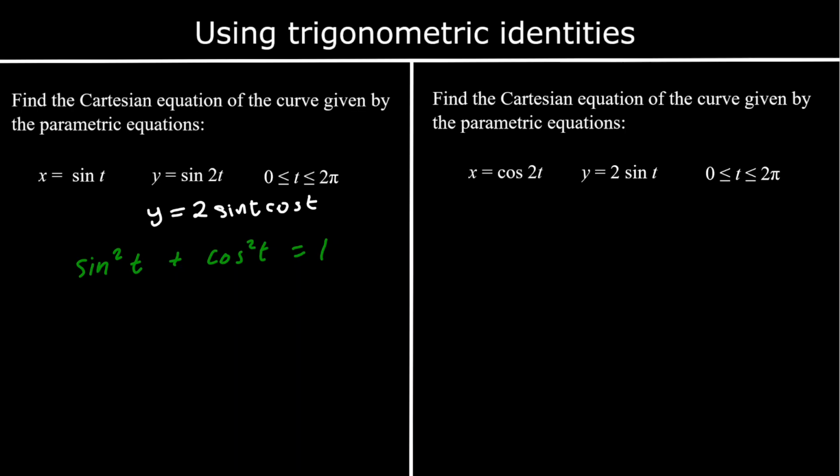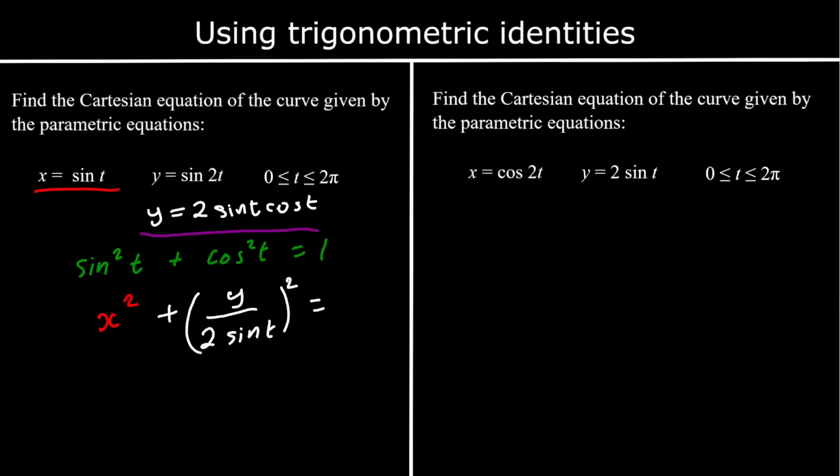So we can write sine t as x. So we can have x squared. For cos t is y over 2 sine t. So we'll just write that for now. Y over 2 sine t squared. That's rearranging 2 sine t cos t, dividing both sides by 2 sine t to get cos t, and that equals 1.